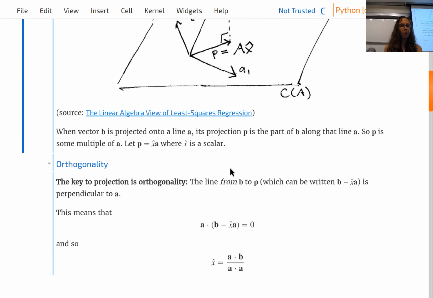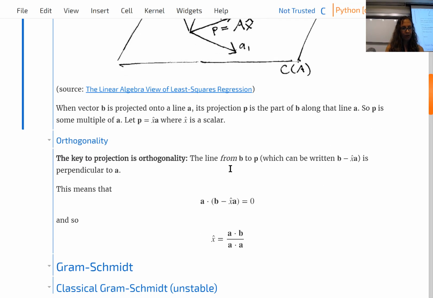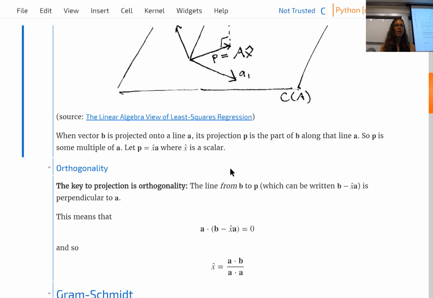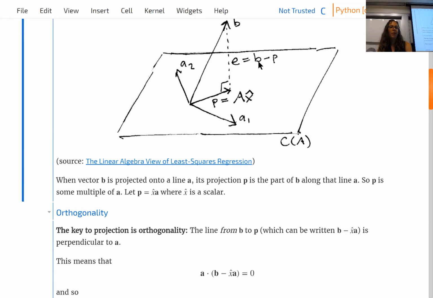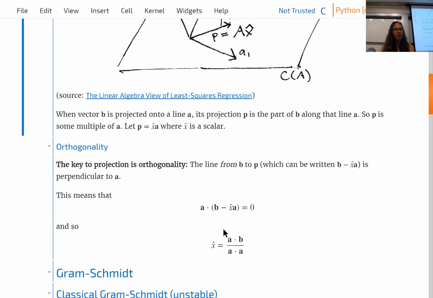So we can get the formula for projection coming from the idea that this dotted line must be perpendicular to the projection. And so here, and I apologize for the different variable names, B minus XA, dot with A is going to be 0.